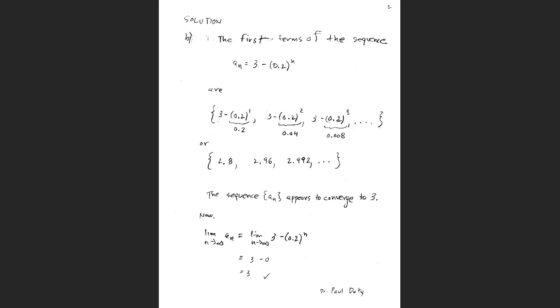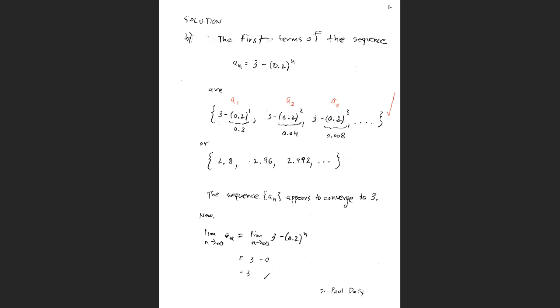The first term is 3 minus 0.2 to the first power. Second term is 3 minus 0.2 squared. Third term is 3 minus 0.2 cubed.